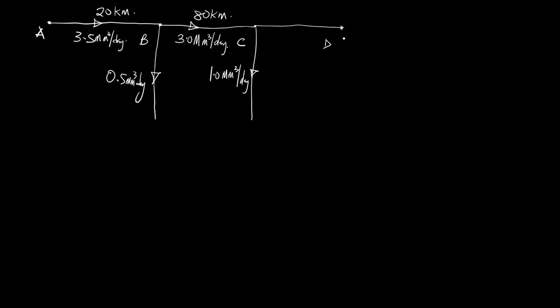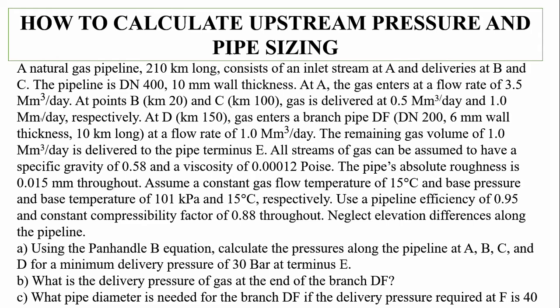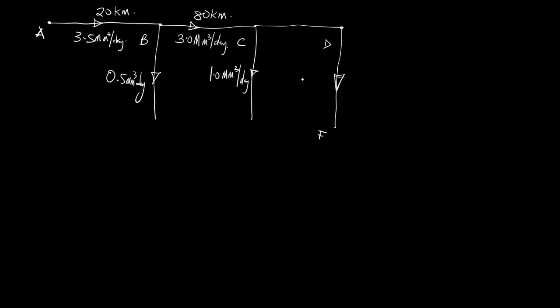Now this is our F. So it delivers at F at a flow rate of 1.0 million meter cube per day.